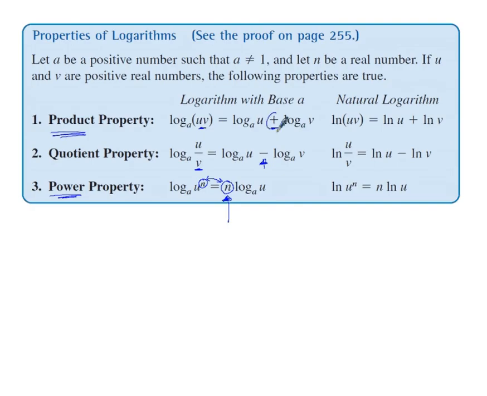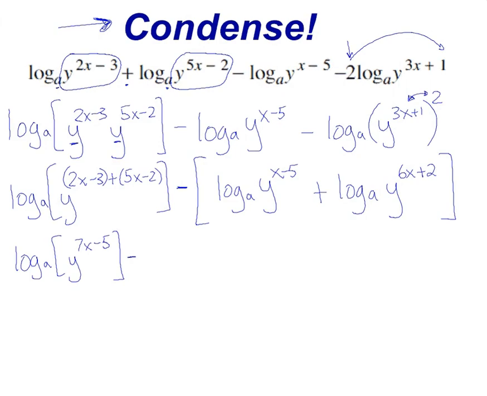We're going to change this into log base a, and we're going to multiply those two arguments: y to the x−5 multiplied by y to the 6x+2. This is all inside the log. Almost there. You can see it's condensing nicely.